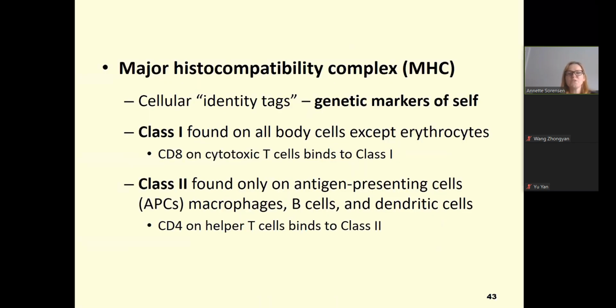Okay, so what is the MHC complex, so major histocompatibility complex? It's really an identity tag. So MHC1 is really found on all cells in the body.